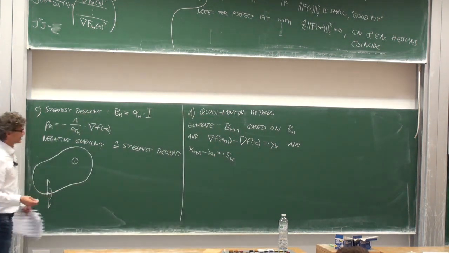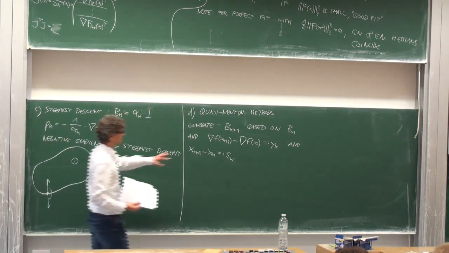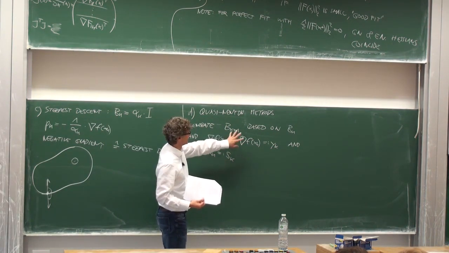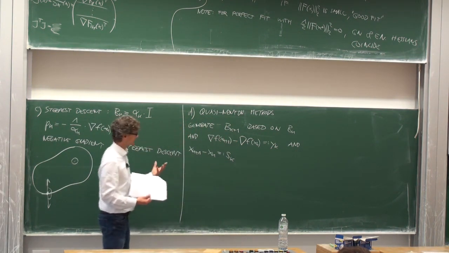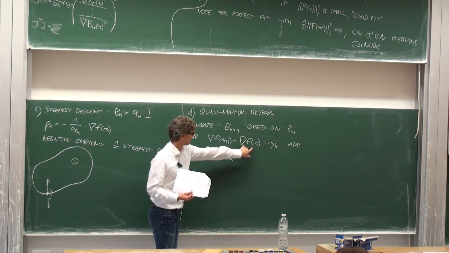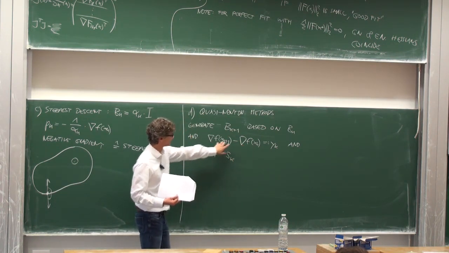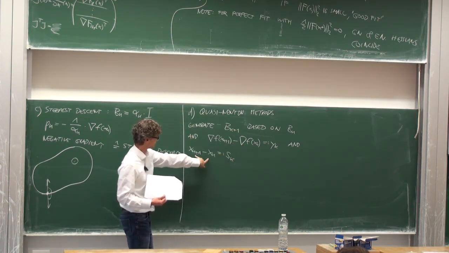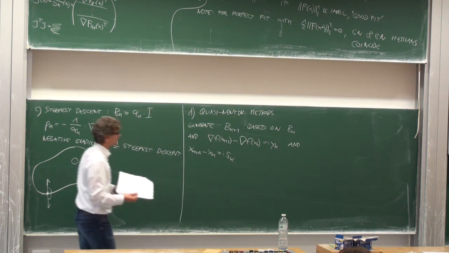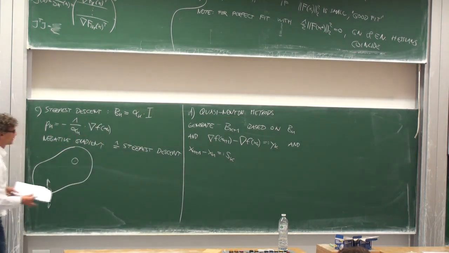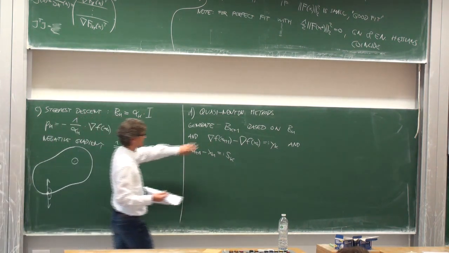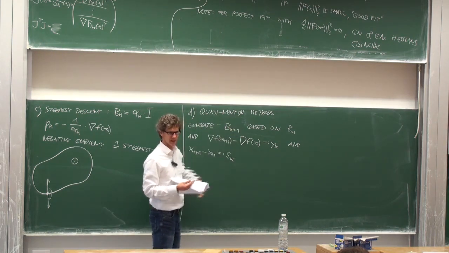So basically, the idea is to just use information that you got during your iterations by computing the gradient and the difference of two gradients and the difference of two primal variables, or of two variables, and to use that in some formula that should give you a better approximation of the Hessian.